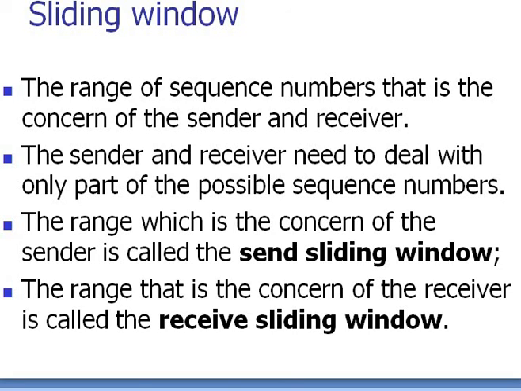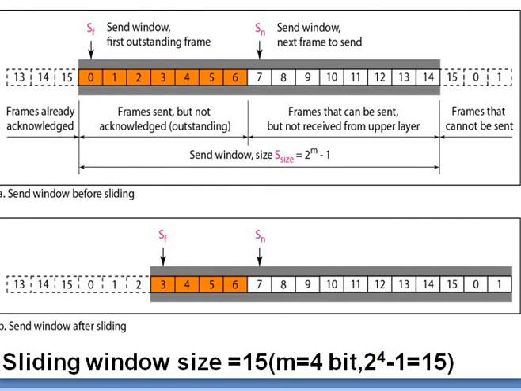The range which is the concern of the sender is called the send sliding window, and the one concerning the receiver is called the receiving sliding window. Here, the maximum size of the window is 2 raised to m minus 1.